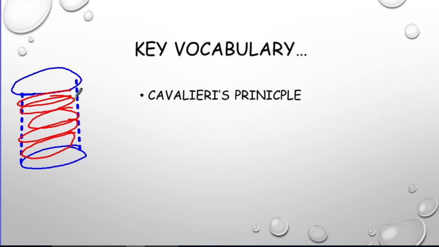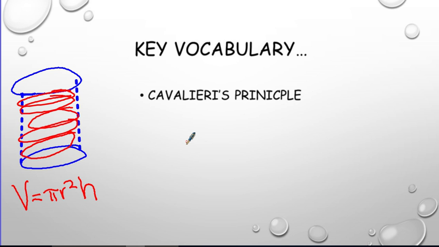That's all it's saying. And so when you come up with that formula, that is why you can do the area of the base multiplied by the height. So the area of the base would be a circle, and honestly what you can do is say how many times is this circular piece being stacked up to the top. So that's why it says to just multiply by the height. Okay, that's what Cavalieri's principle means.